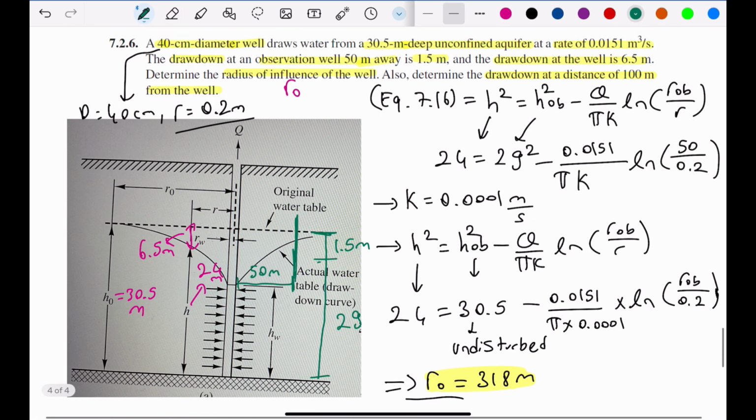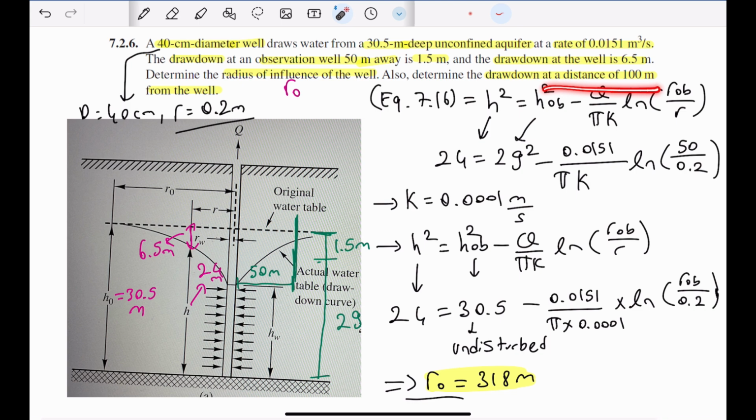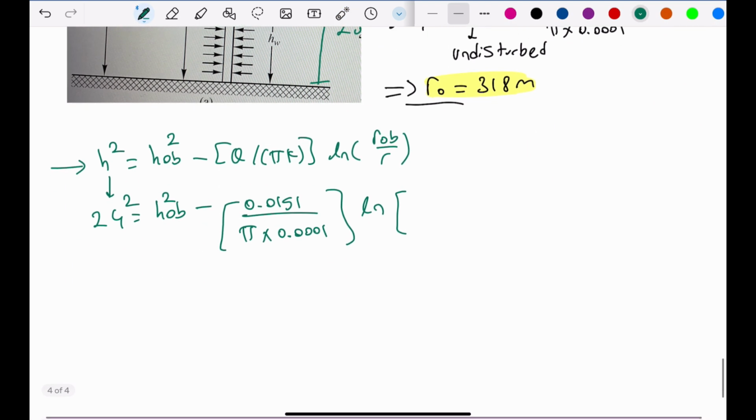So the question says it will be 100 meters. So let's say this is 100 over the radius, which was 0.2.